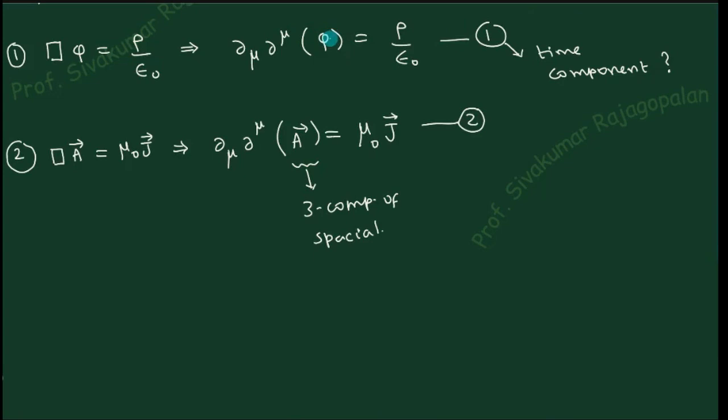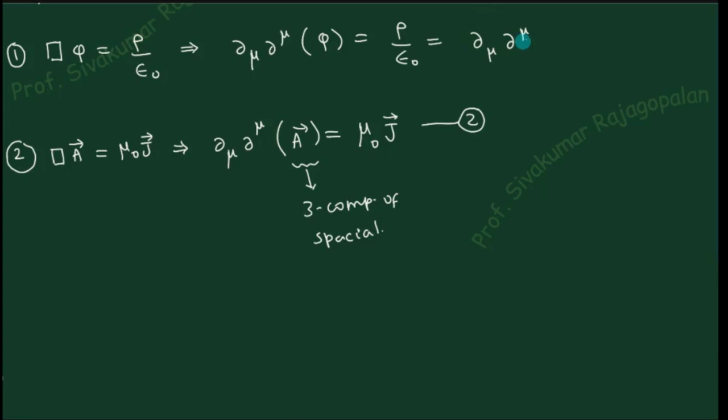So whether the time component is there or not, it is not clear. But now what you do is ask the question, why don't you rewrite this equation in a slightly different way? Let us try to manipulate this. How do you manipulate? I write down the same ∂μ.